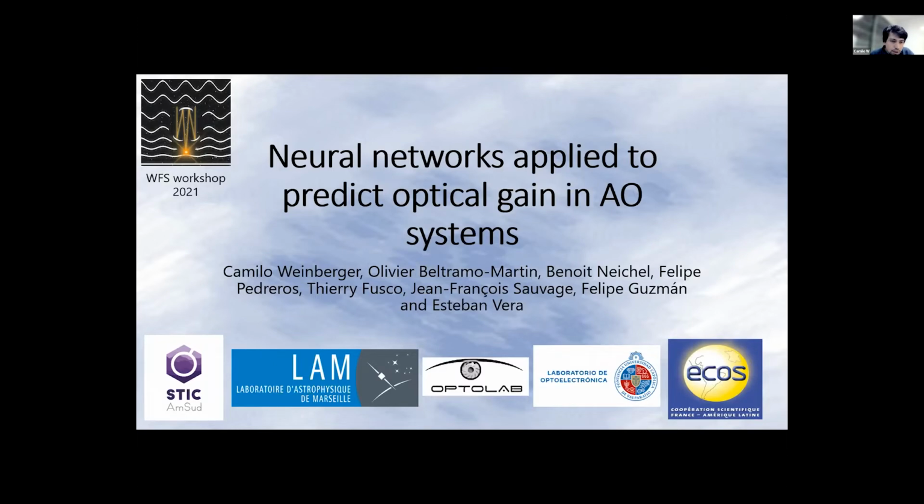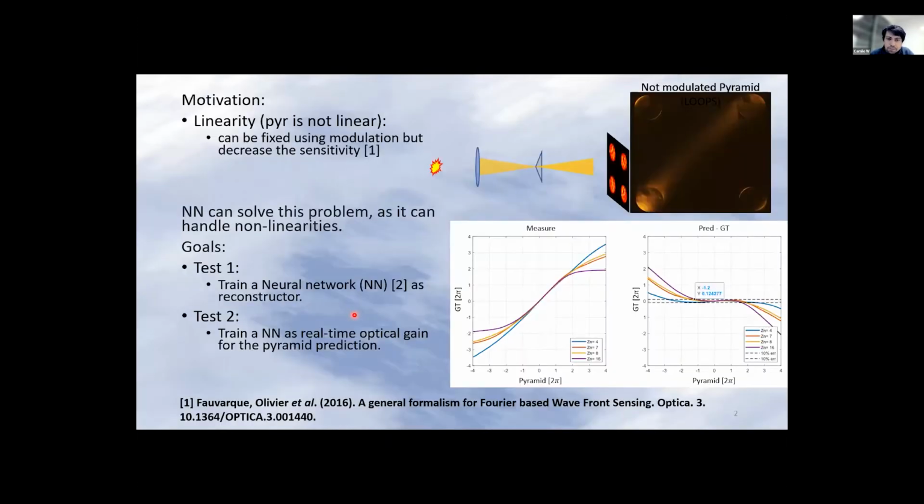So first of all, I will talk about the motivation. I'm using a pyramidal system. The pyramidal system corresponds to an apex located in the focal plane of the beam, and in this case it produces four subpupils.